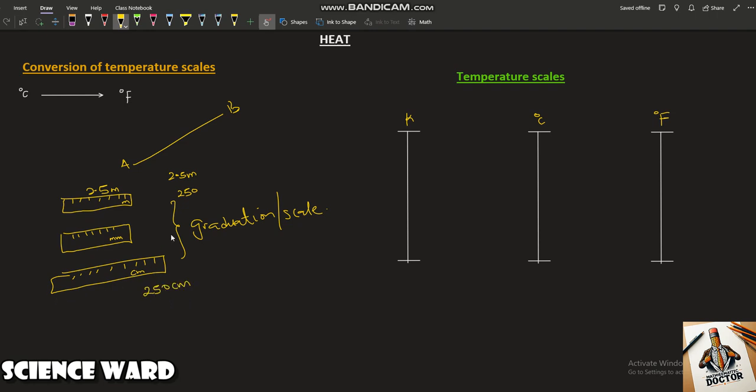That comes from the principle that 100 centimeter is equal to 1 meter. Since 100 centimeter is equivalent to 1 meter, 2.5 meter will be equivalent to x, and if you cross multiply, that will give you 250 centimeter.